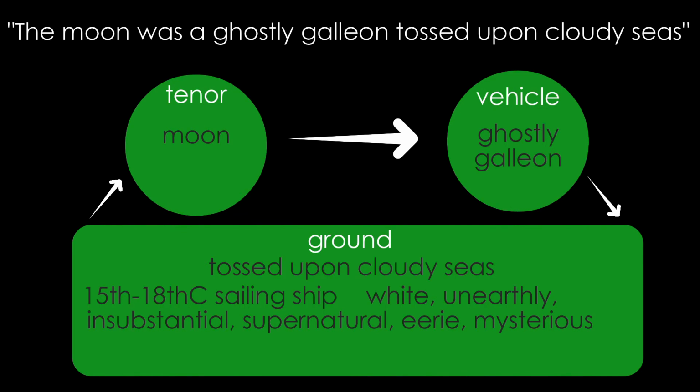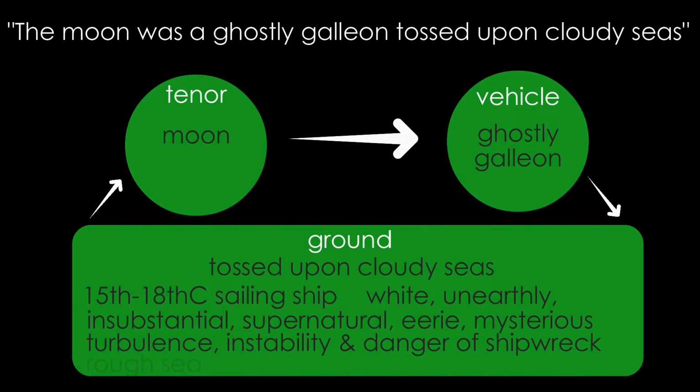Tossed upon suggests turbulence, instability, and danger of shipwreck. The seas here obviously relate to the sky. What kind of seas are they? We already know that they are turbulent from the verb tossed. We know there is cloud. Clouds tend to be white, as is the foam on the top of breaking waves on a rough sea.